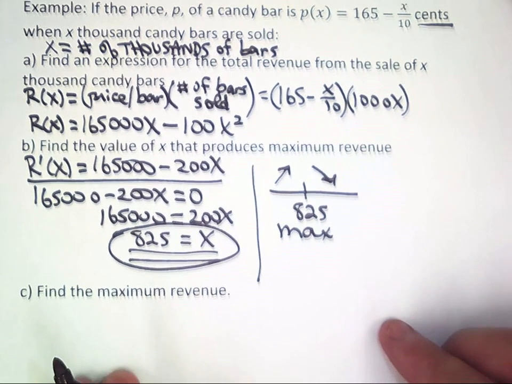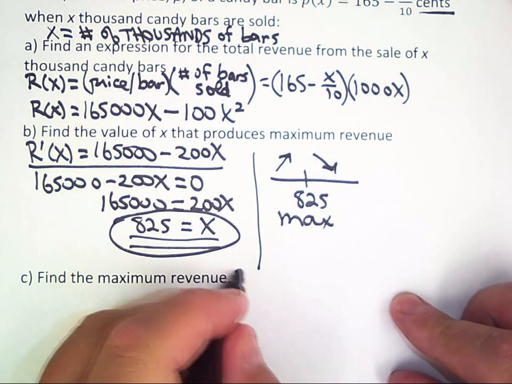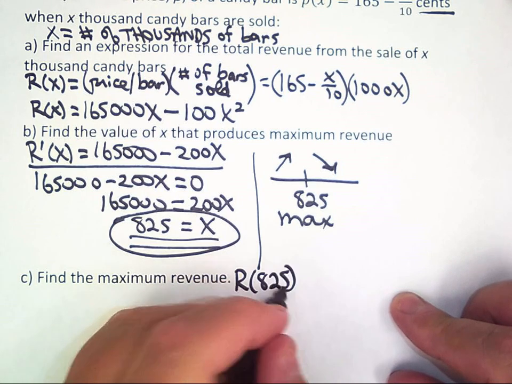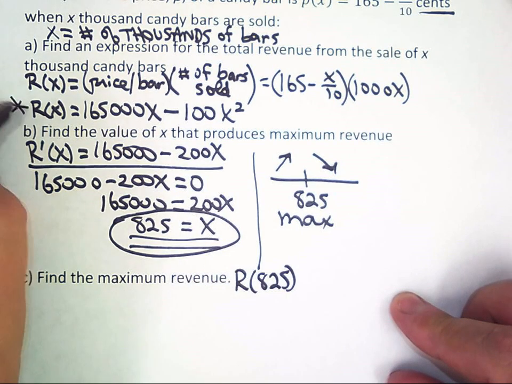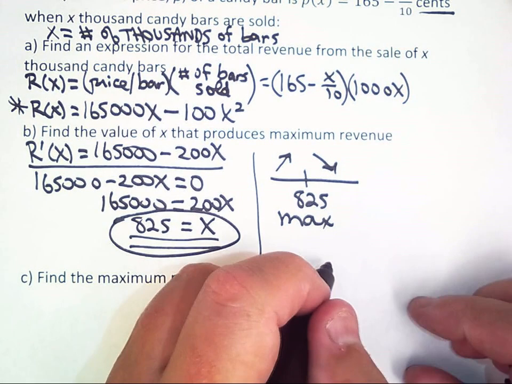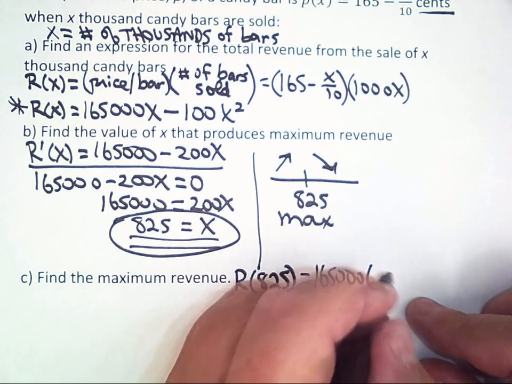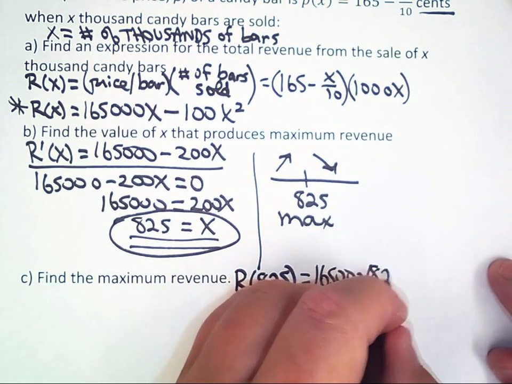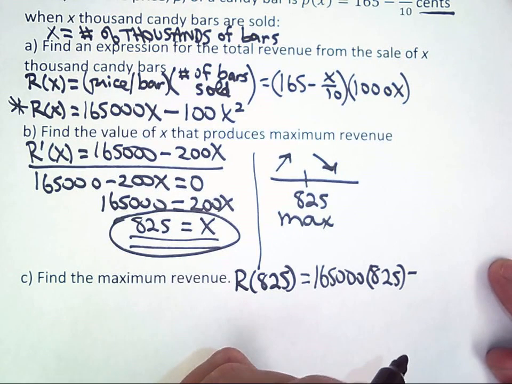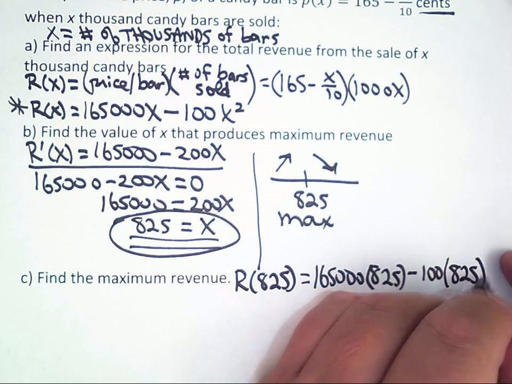And the last part says find the maximum revenue, and you simply do that by putting 825 into the total revenue function in part A. So you end up with 165,000 times 825 minus 100 times 825 squared.